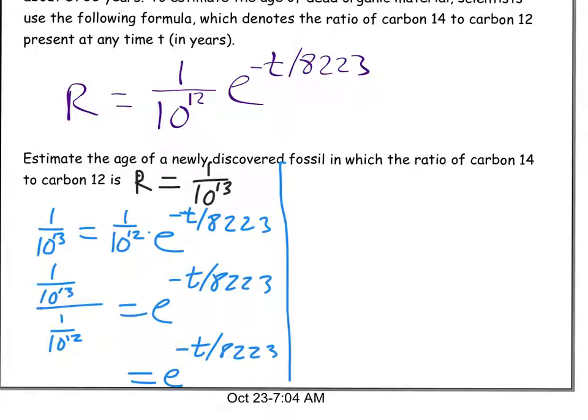I'm dividing fractions, which I never like to do. So I end up multiplying by the reciprocal, which would be just 10 to the 12th. We get 10 to the 12th divided by 10 to the 13th, which equals 0.1.